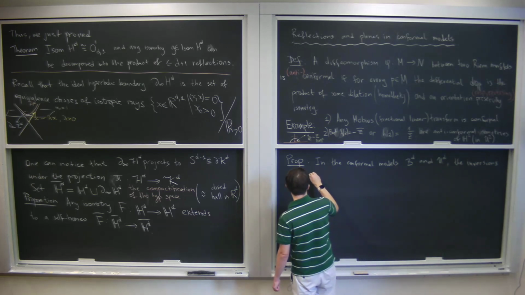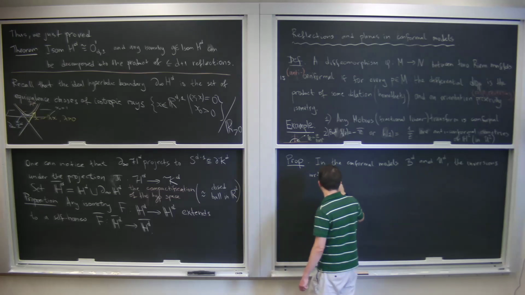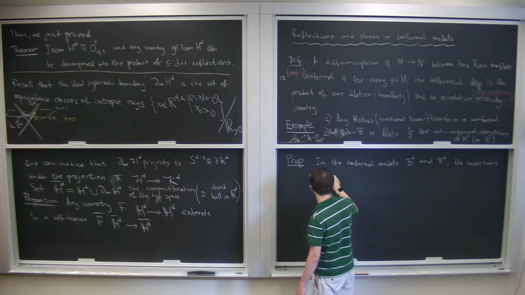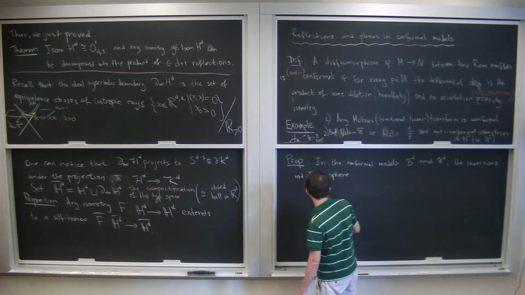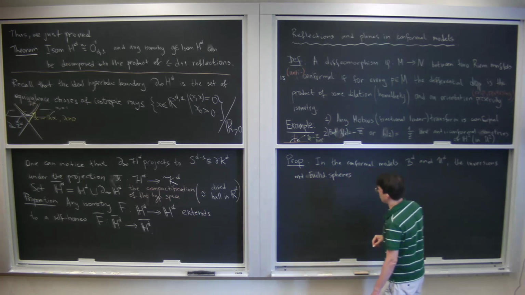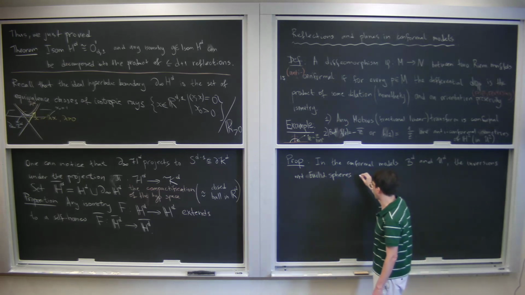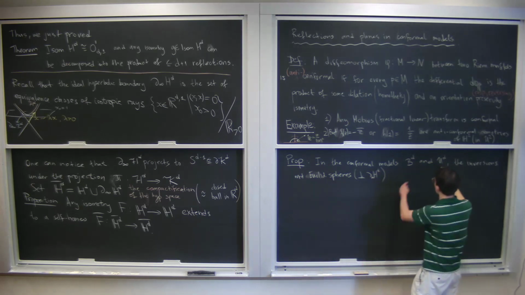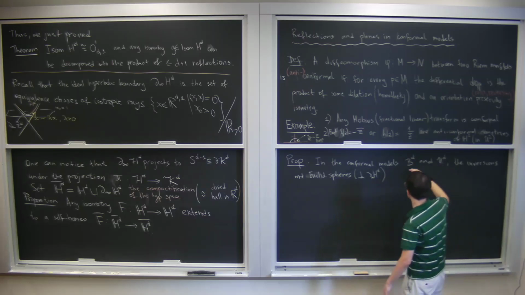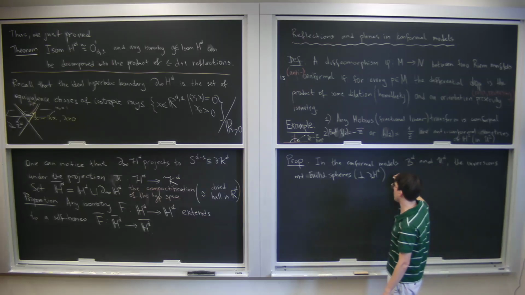The inversions with respect to Euclidean spheres which are orthogonal to the boundary, determined precisely in the respective way, right?